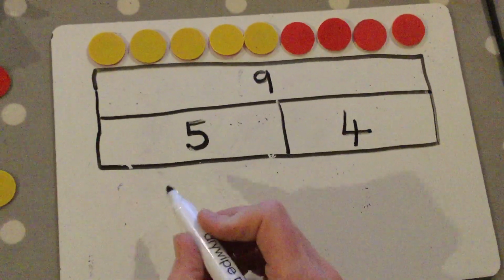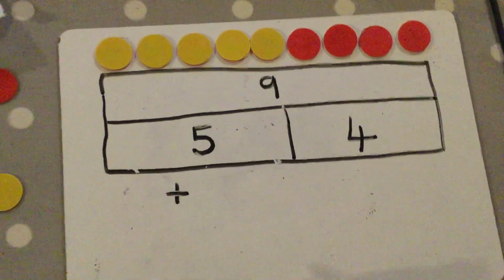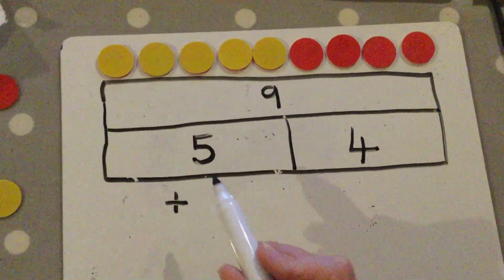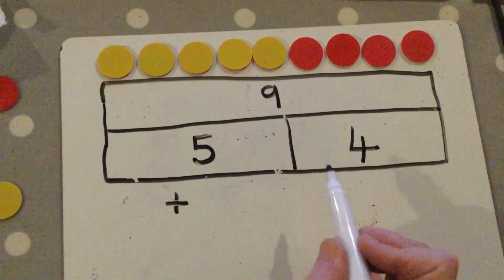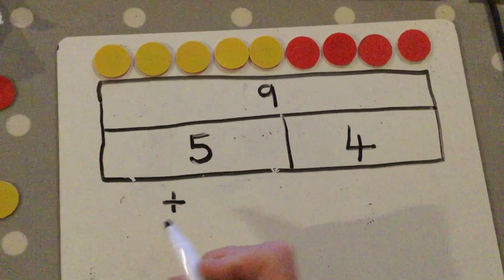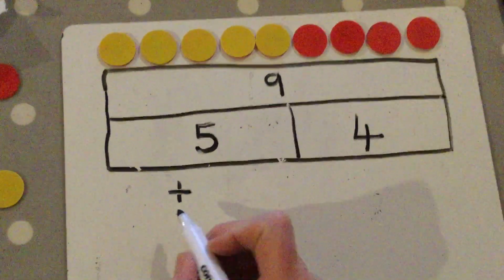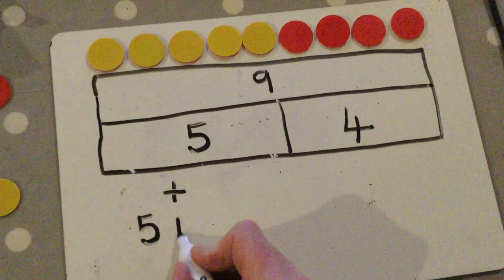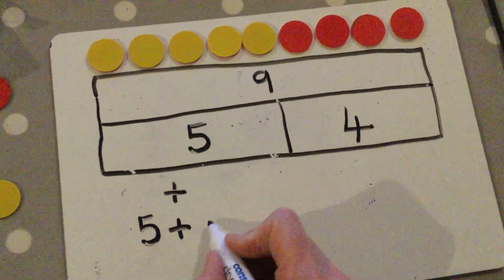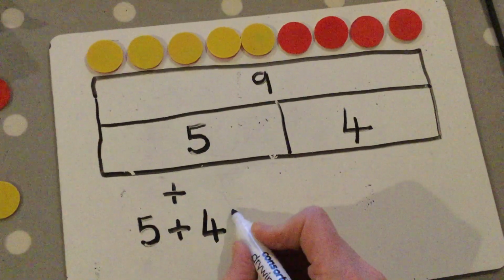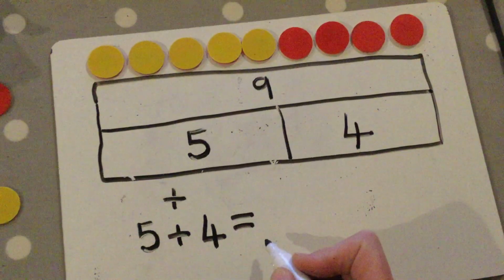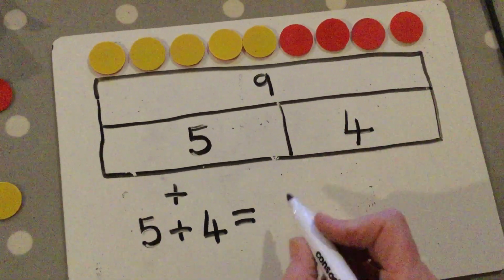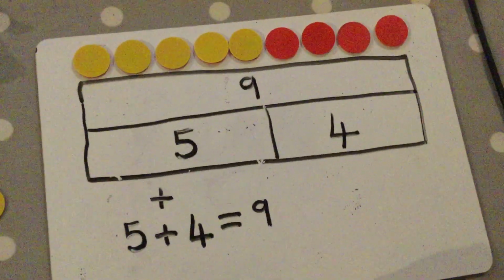So once again I'm going to start off with my addition number sentences. Now I have to think really hard here because when we're doing the addition we're adding the parts together to make the whole. So first of all I'm going to start off by thinking about if I added my 5 yellow counters to my 4 red counters, that would be equal to 1, 2, 3, 4, 5, 6, 7, 8, 9 counters in total.